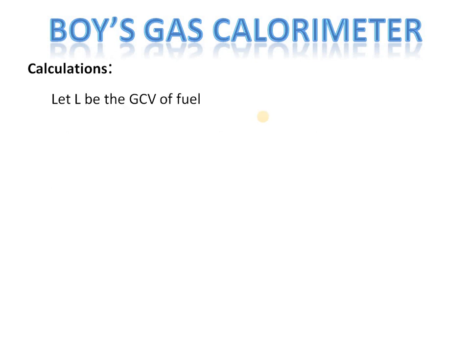Let L be the GCV of the fuel. L being the GCV of a fuel means it is the amount of heat liberated by complete combustion of unit mass of fuel.